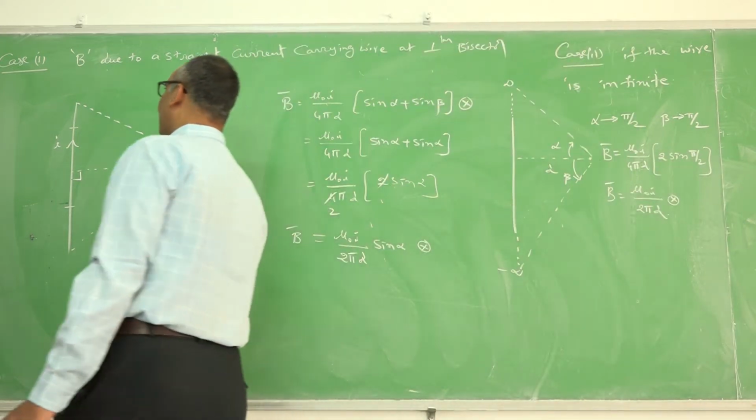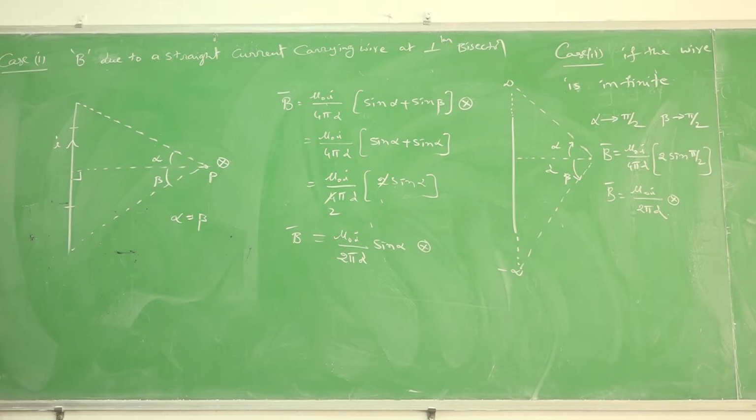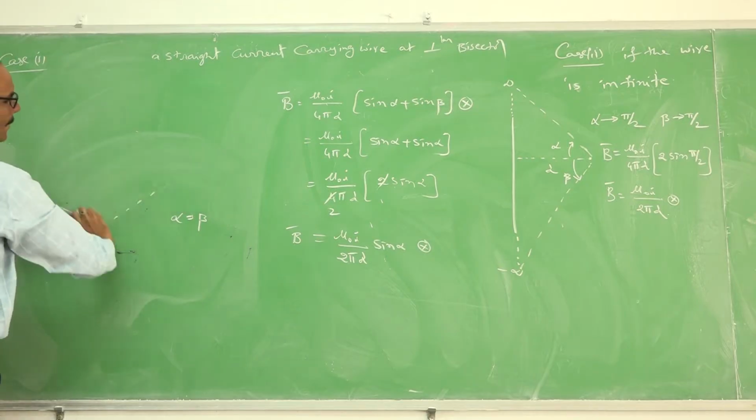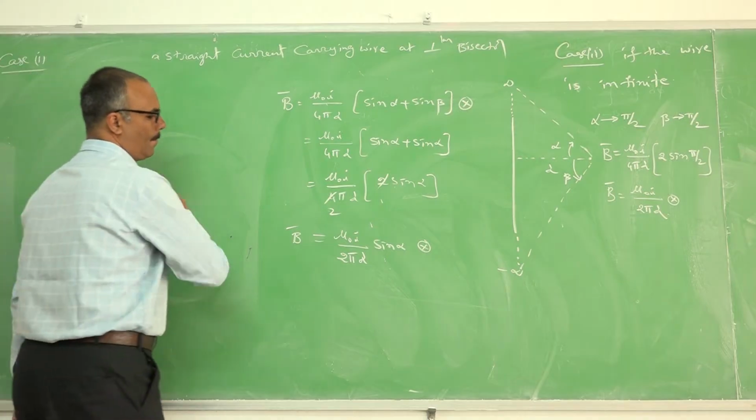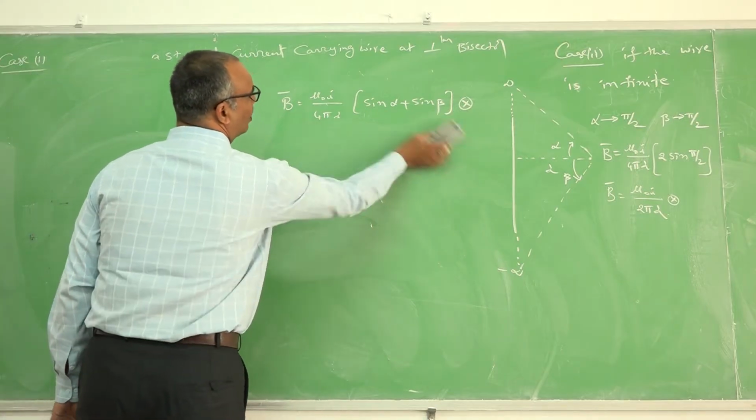Now let us discuss one more point. If the point is lying exactly opposite to the edge of a current carrying conductor, or you can say that it is semi-infinite wire. Let me discuss here. Case number 3.